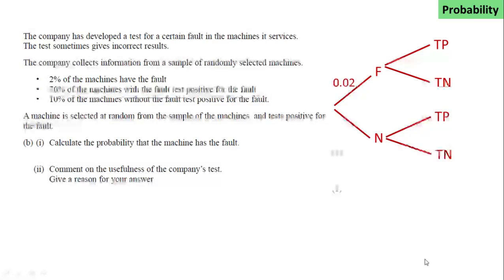So 2% of the machines have the fault. Of the machines with the fault, 70% test positive. Of the machines without the fault, 10% test positive. So I can fill in the 98% without the fault, and I can also calculate the two probabilities that a faulty machine tests positive and a non-faulty machine tests positive.